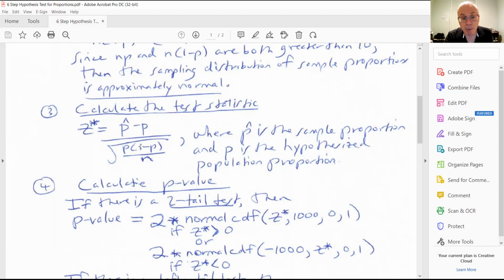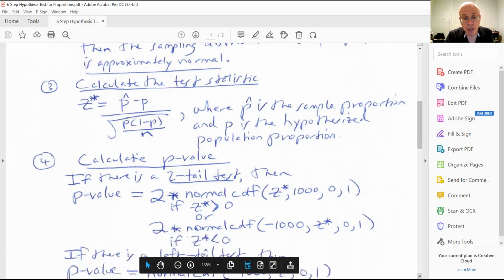Remember, in the denominator, we're using the hypothesized proportion instead of the sample proportion. That's what we put into the square root. Once we've calculated this Z star, which we can call the test statistic, we then calculate our p-value.